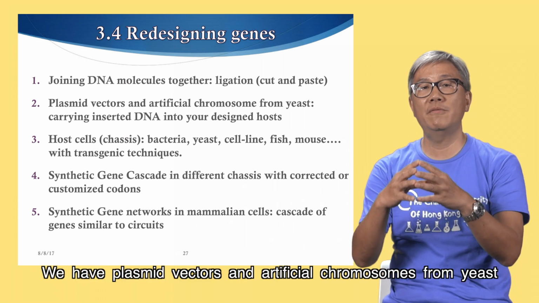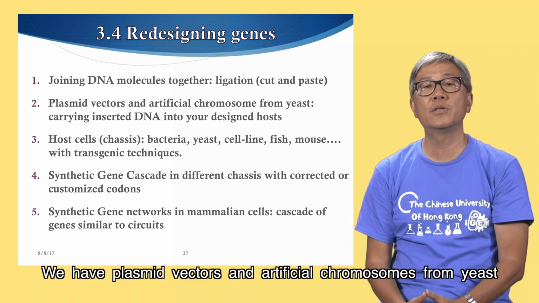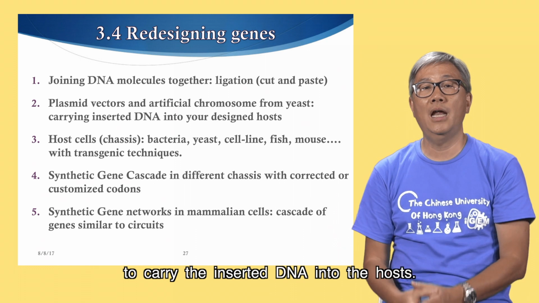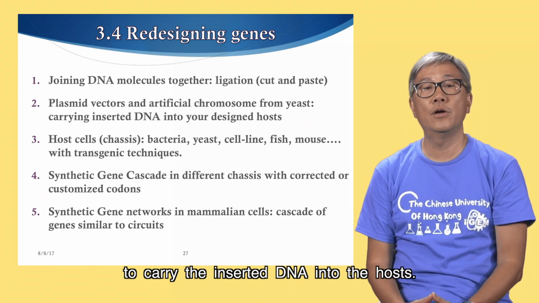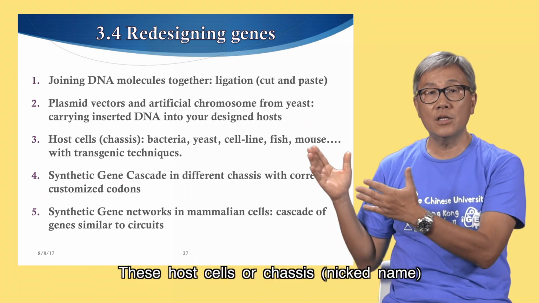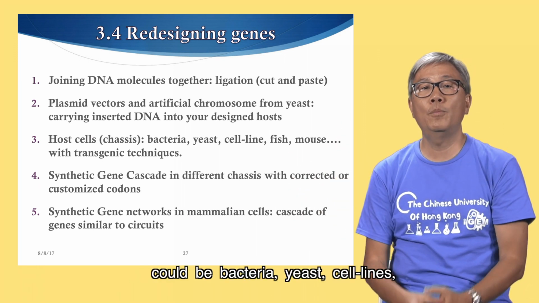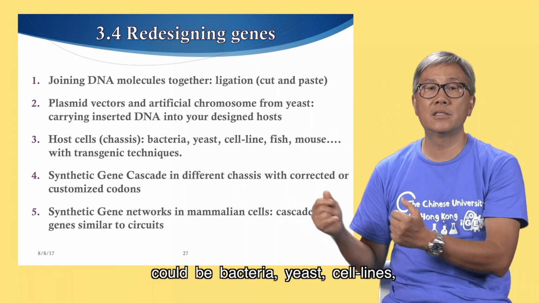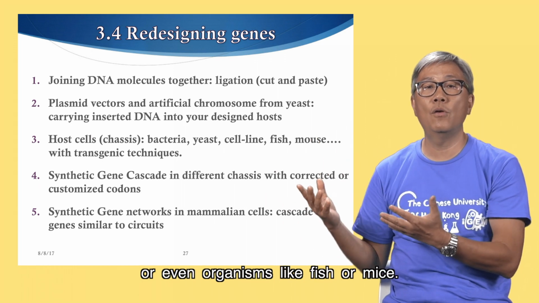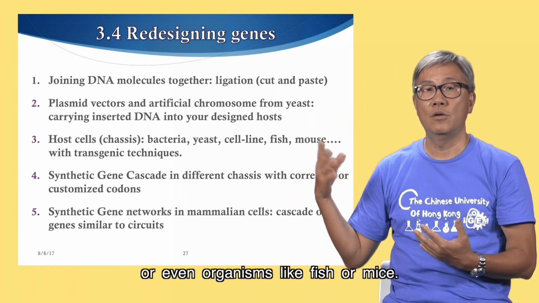We have plasmid vectors and artificial chromosomes from yeast to carry the inserted DNA into the host. These host cells, or chassis, as nicknamed, could be bacteria, yeast, cell lines, or even organisms like fish or mice.